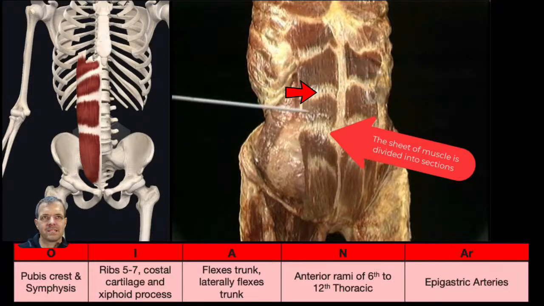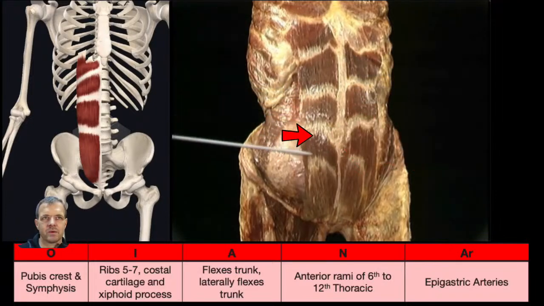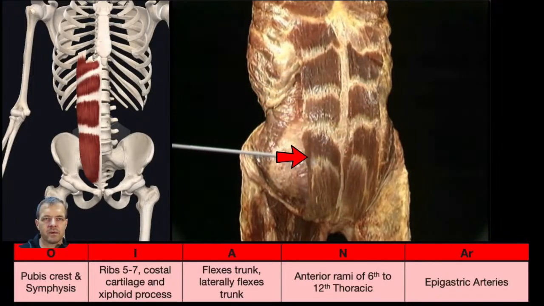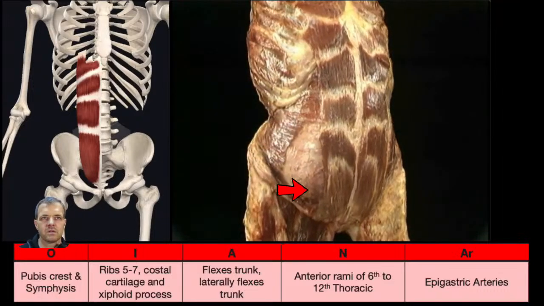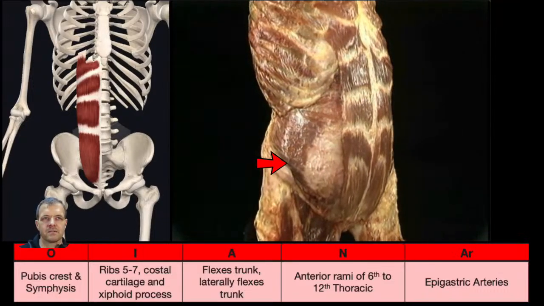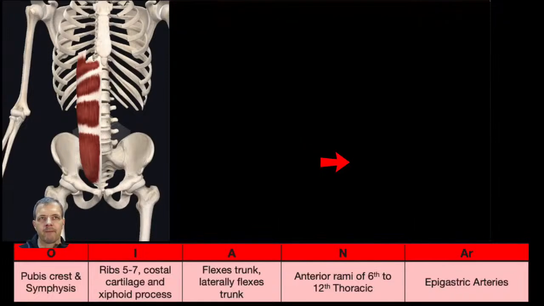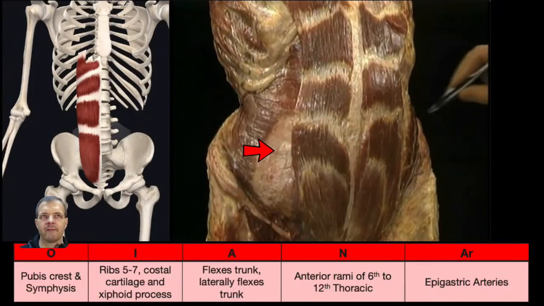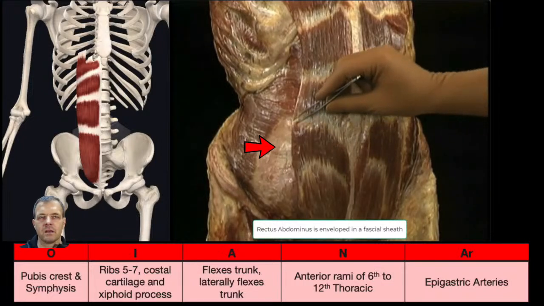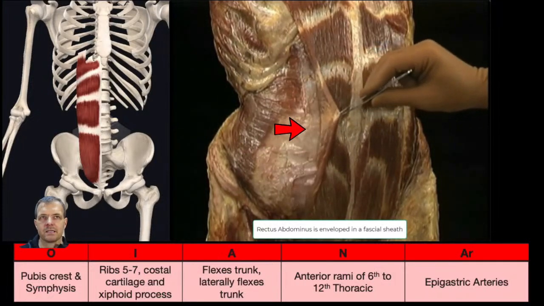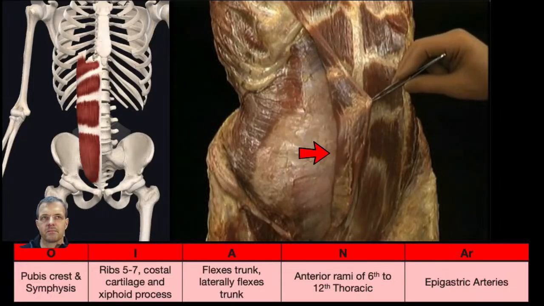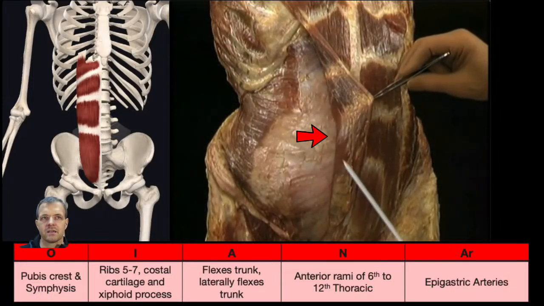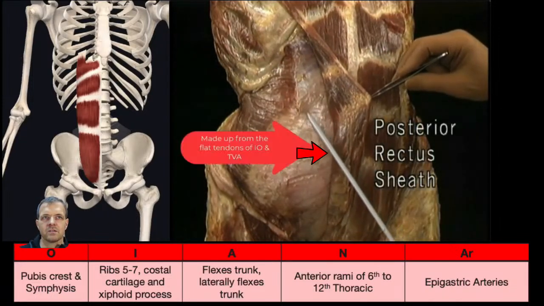Yeah, so we've got these tendinous intersections in between each of the muscles, transverse abdominis underneath, and then we'll start to have a look at the layers again. So if we peel back this, there's the posterior sheath just there.